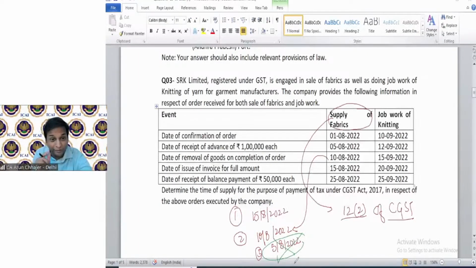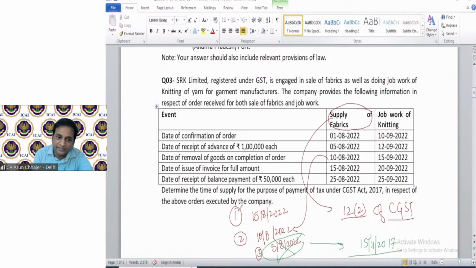Point to be noted, I am saying for forward charge and for a regular dealer, because of the relaxation on 15th November 2017. What is the relaxation? You are not required to pay the GST on advance, has been relaxed only for the regular dealer. It means if the supplier of the goods is registered under composition, and he received the advance, he is still liable to pay the tax on receipt of advance.